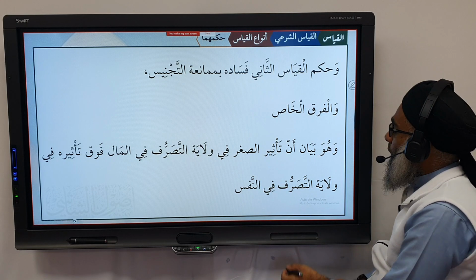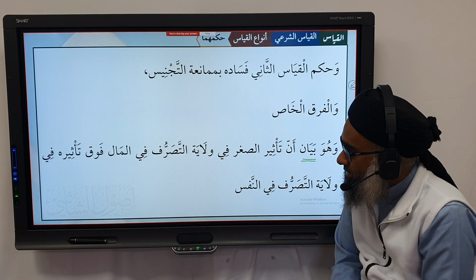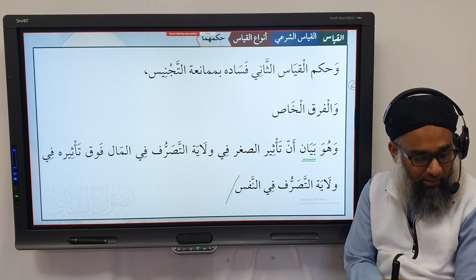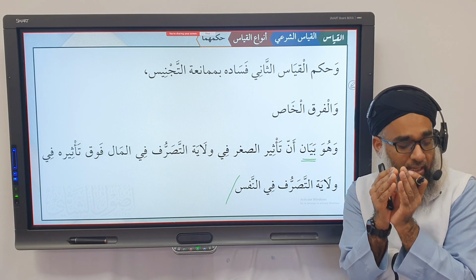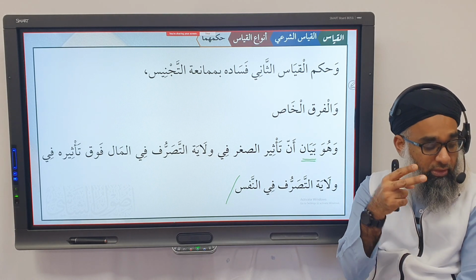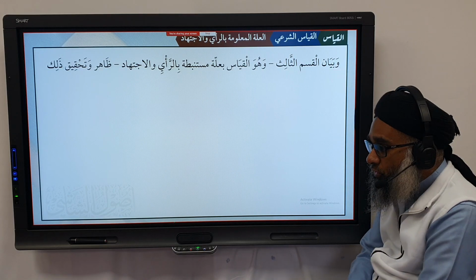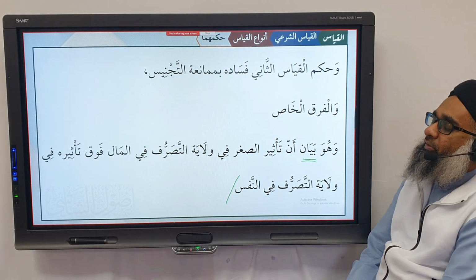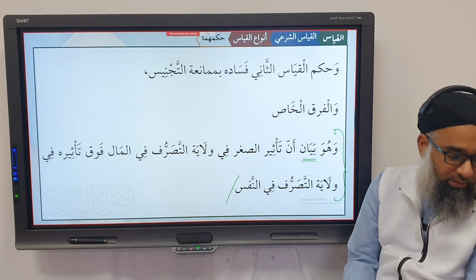For example, an example of al-farq al-khass is to claim that ta'thir as-sighar fi wilayat at-tasarruf fil mal fawqa ta'thirihi fi wilayat at-tasarruf fin nafs. That the amount of need, the amount of ids and darura found in wilayat fil mal is much more than that found in wilayat at-tasarruf fin nafs. So therefore the farq, as I mentioned before, is the hajah because of shahwa, not having shahwa. Yes? So in that situation, what will you say? We will say that this will make the qiyas fasid. So if you argue for this, you can say the qiyas is fasid because qiyas ma'al fariq. There's a difference between the maqis alayh and the maqis.